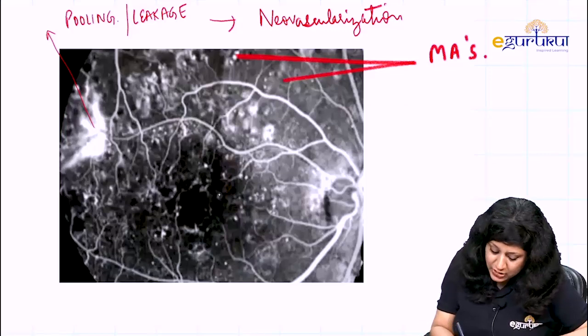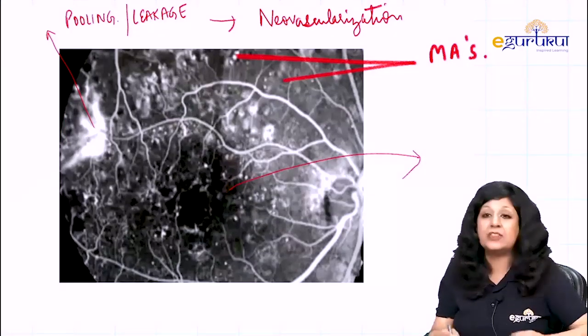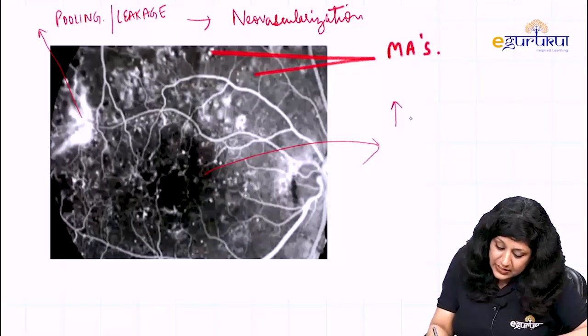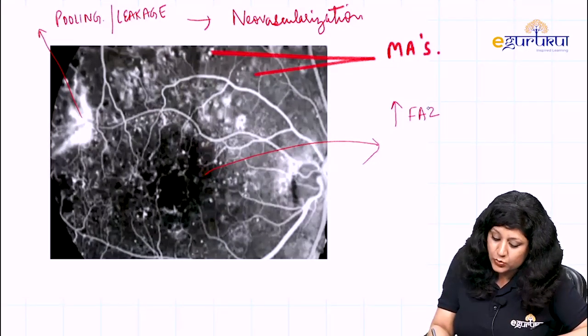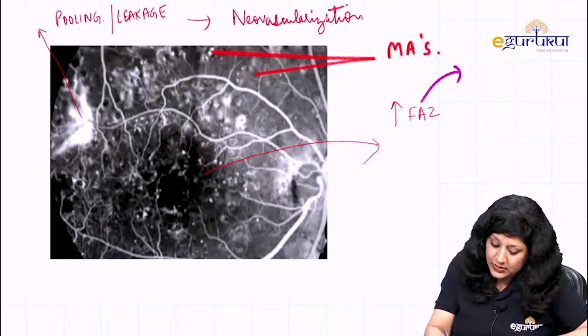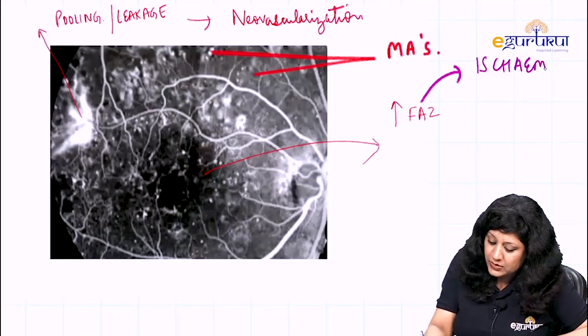This blackish area that you are getting here is an enlargement of the foveal avascular zone. This increase in the foveal avascular zone shows ischemic maculopathy.